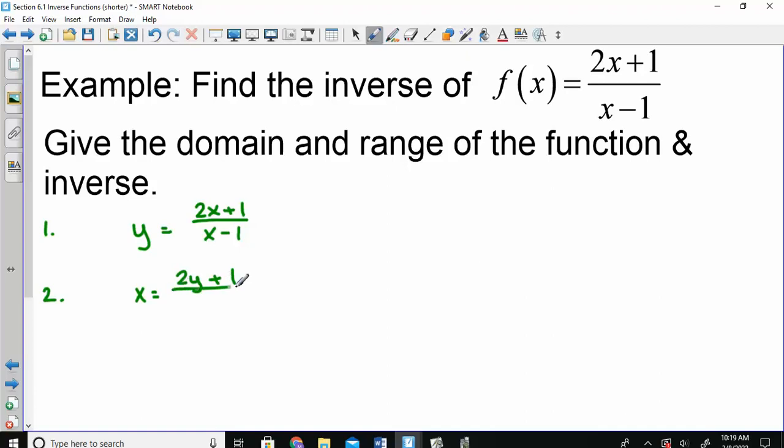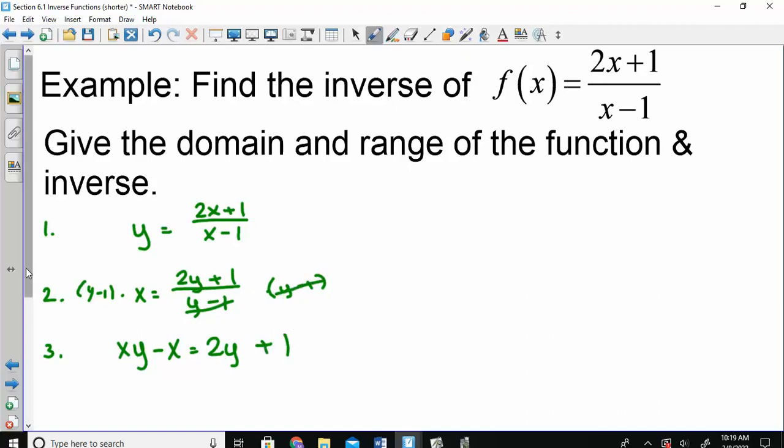I have 2 x's, so they both become a y. We need to solve for y. So let's multiply over the y minus 1. So we get xy minus x equals 2y plus 1.